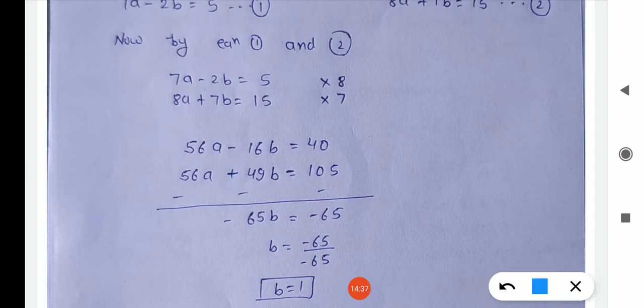Now 56a minus 56a cancels out. Minus 16b minus 49b becomes minus 65b. Okay, here 40 minus 105 becomes minus 65. So b is minus 65 upon 65, we get b equal 1.